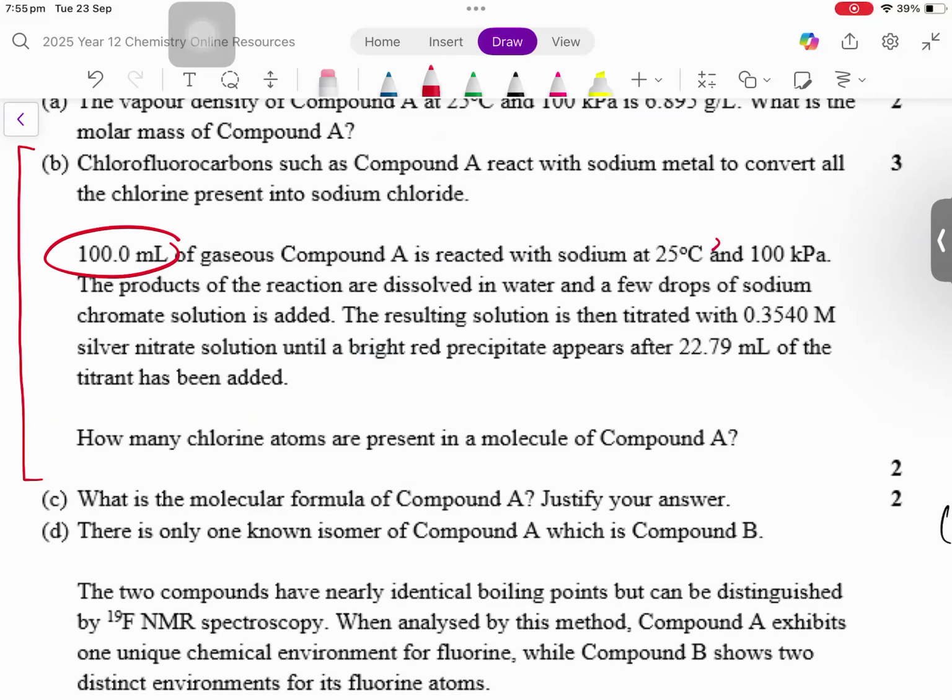The 25 and 100. I haven't used 25 degrees Celsius and the 100 kPa.